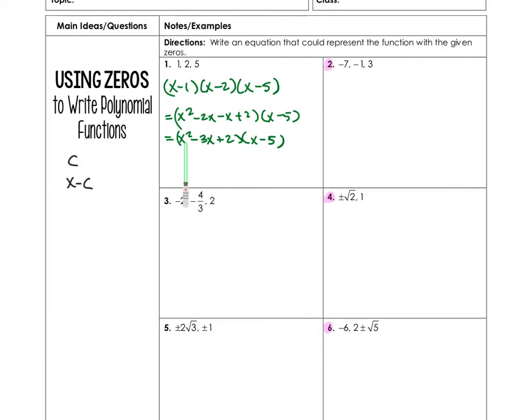So x squared times x is x cubed, x squared times negative 5 is negative 5x squared, negative 3x times x is negative 3x squared, negative 3x times negative 5 is positive 15x, then 2 times x is 2x, and 2 times negative 5 is negative 10. And right here, I'm just going to simplify like terms, so x cubed minus 8x squared plus 17x minus 10.